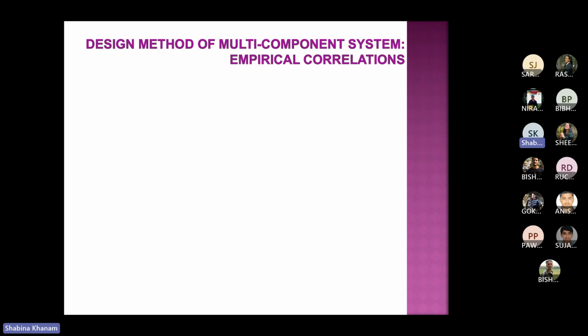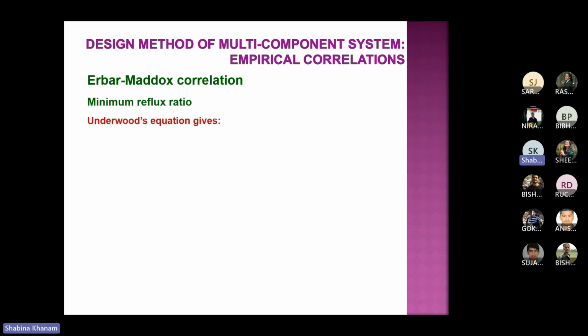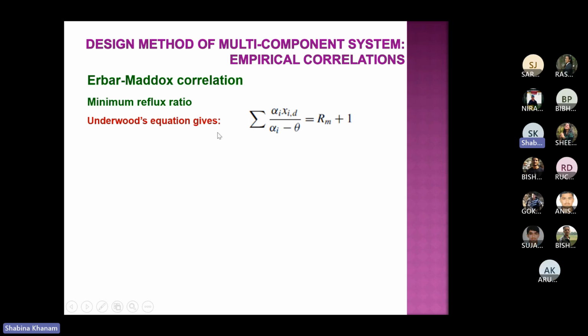Next, we need to identify the minimum reflux ratio, and that is given by again a well-known equation, Underwood's equation. Probably you have not read this so far. So in Underwood's equation, the expression is summation of alpha i xid by alpha i minus theta equal to Rm plus 1.